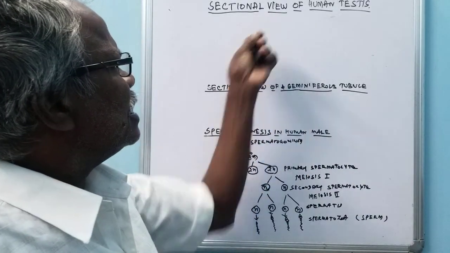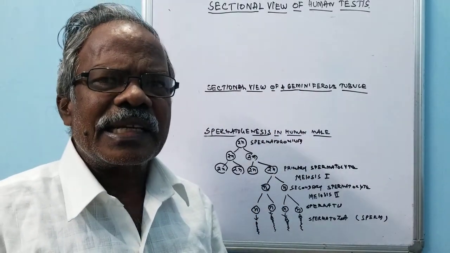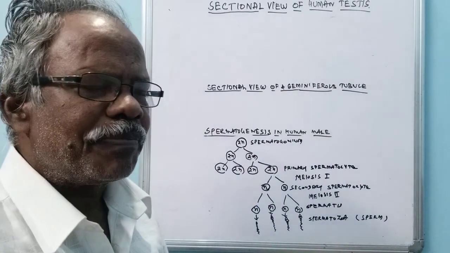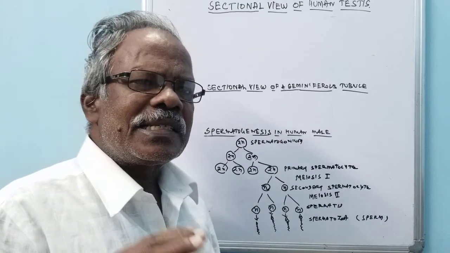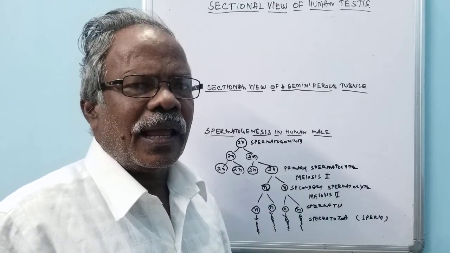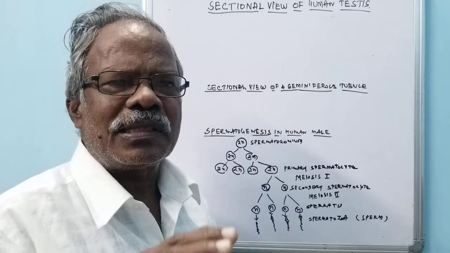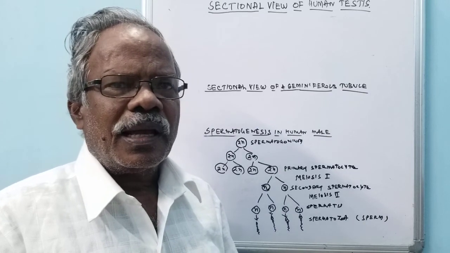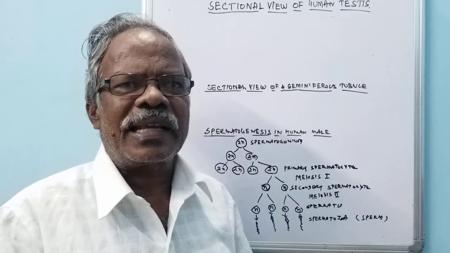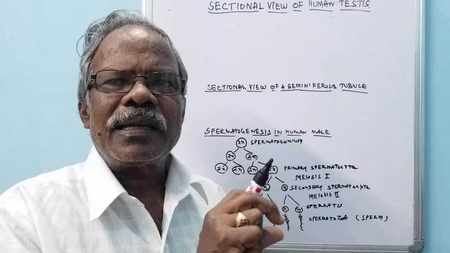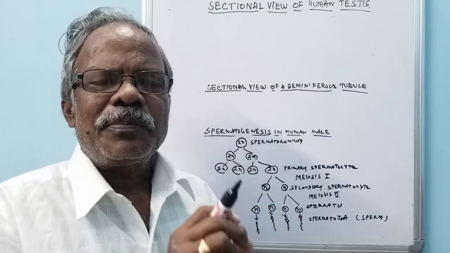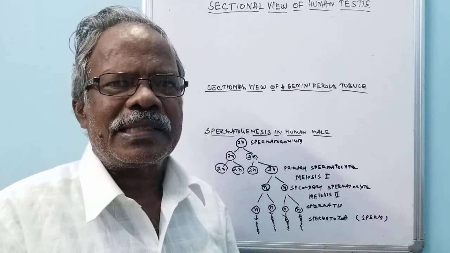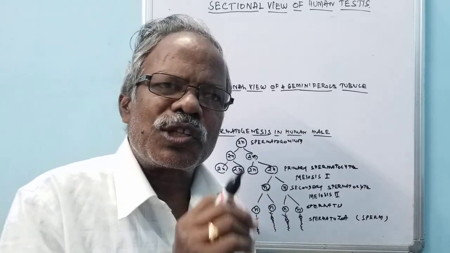As regards the sectional view of human testis, or TS of testis, the testis contains seminiferous tubules, and the seminiferous tubules are responsible for the production of the sperm. The seminiferous tubules contain Leydig cells, primary spermatocyte, secondary spermatocyte, and then the spermatids and the spermatozoa.